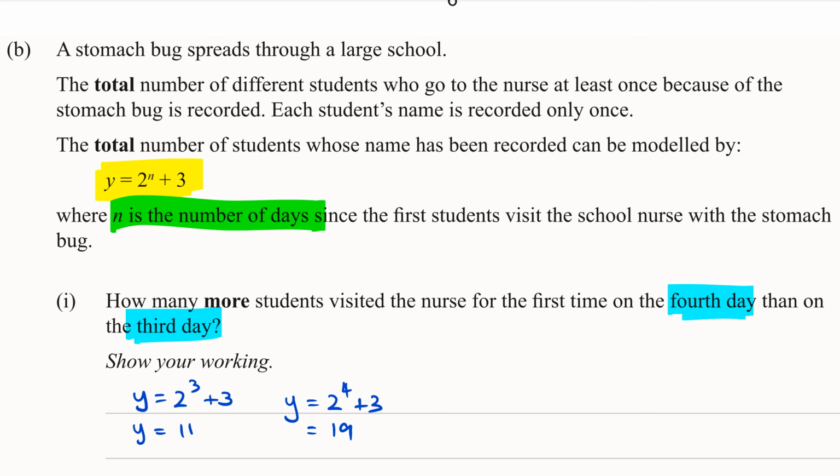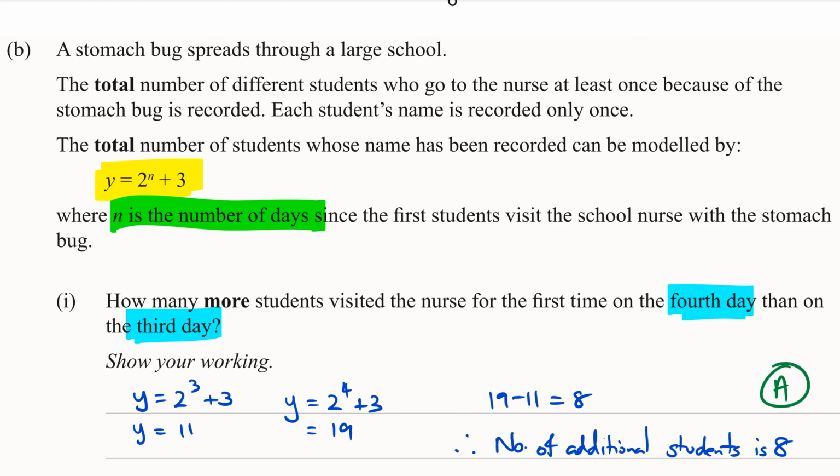And then I got 19 take away 11 equals 8. So I can actually say number of additional students is equal to 8. Okay, and this question here, fairly straightforward question to get an achieved. Yeah, so that's what it is.